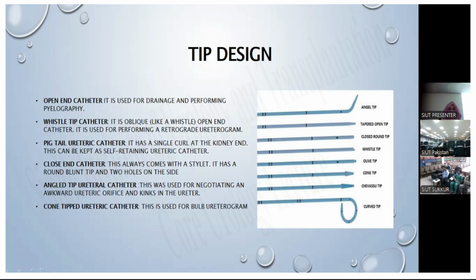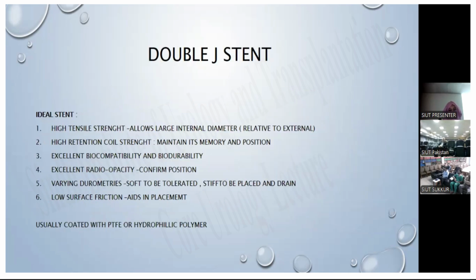So you can see angle tip catheter. This is mostly used in awkward ureteric positions, like kink in the ureter, where there is difficulty in negotiation. Double J stent, ideal double J stent should have a high tensile strength, allows large internal diameter relative to the external, because they are mostly used for drainage purpose, and high retention coil strength, because it should maintain memory and position so that coil remains there.